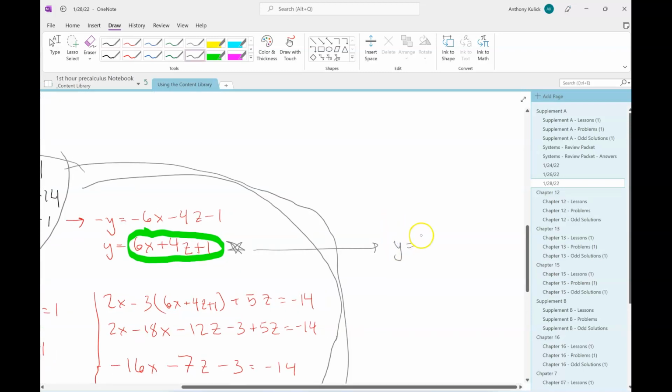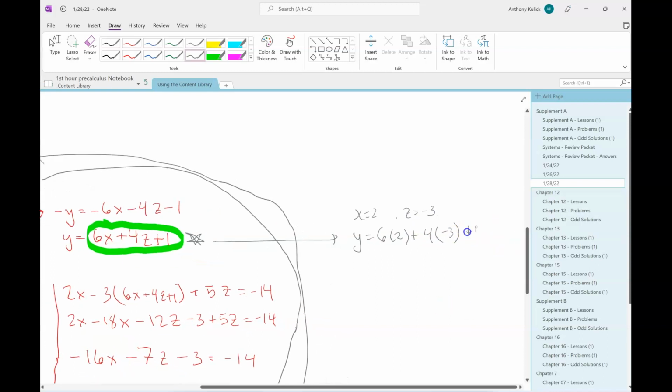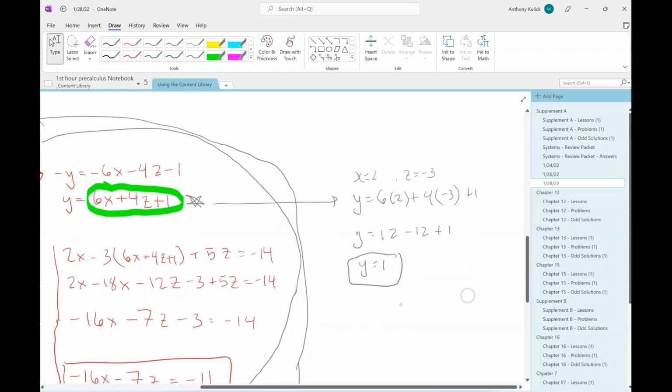So y equals, I know that x is 2, and I know that z is -3. So I know that my y is 1. So I have 2, 1, -3 as my answer.